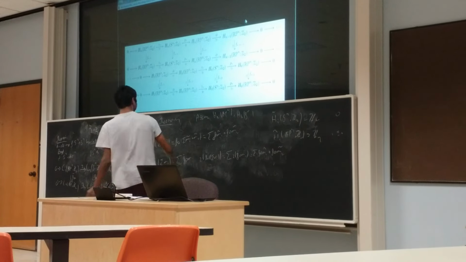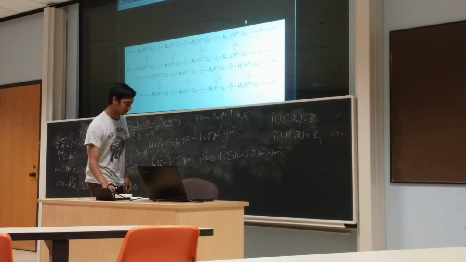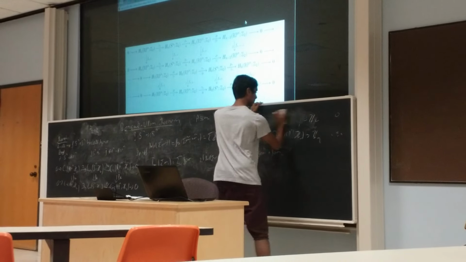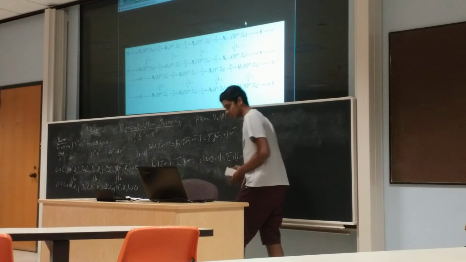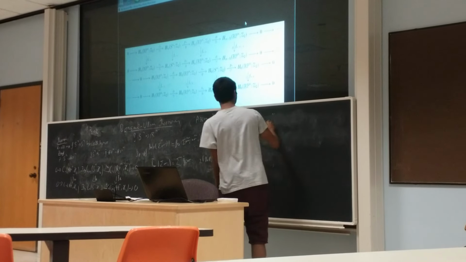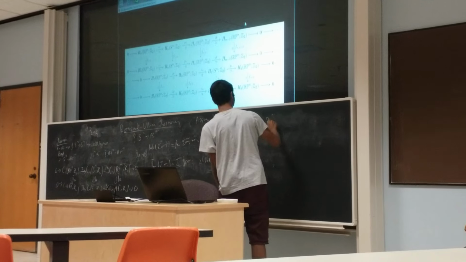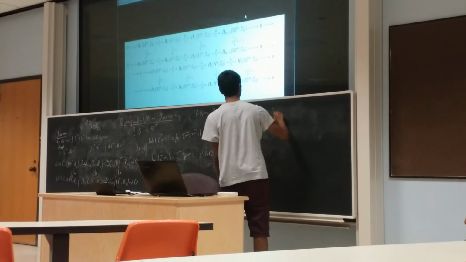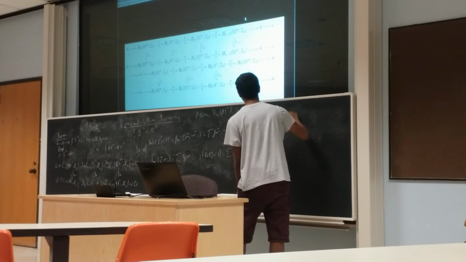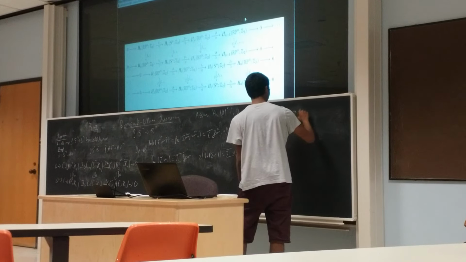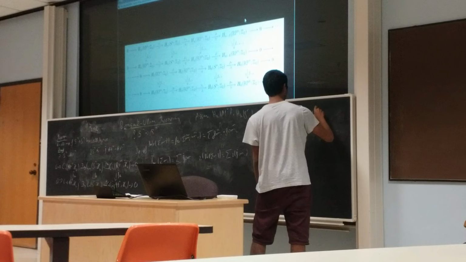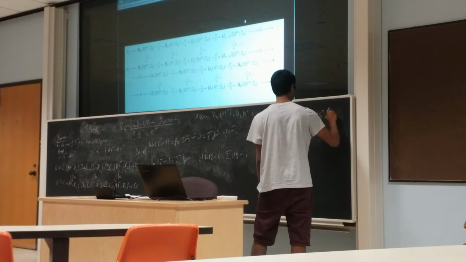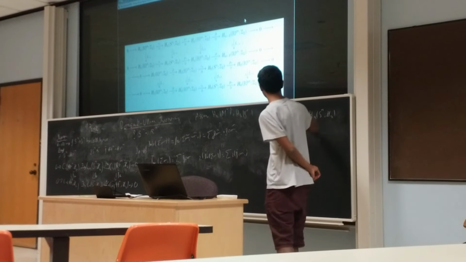So we get that F is an isomorphism. Both of these are Z2.